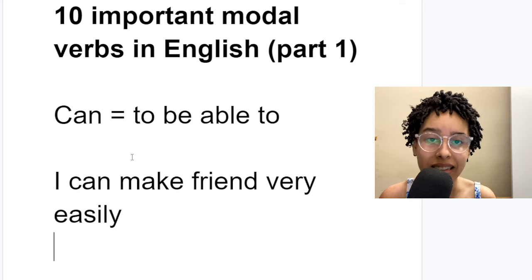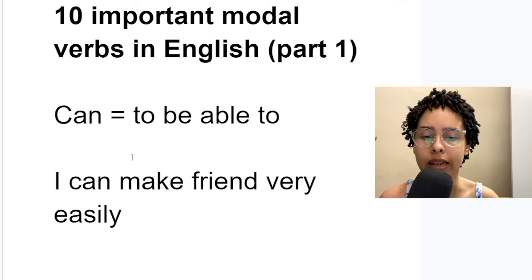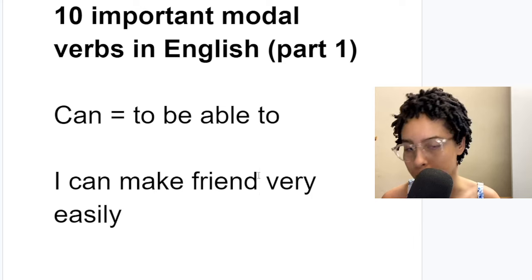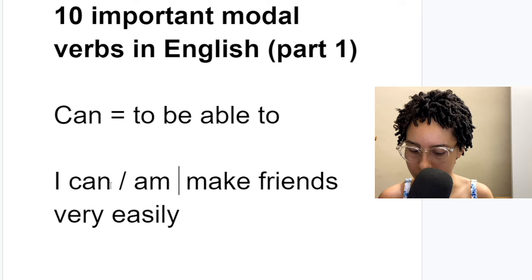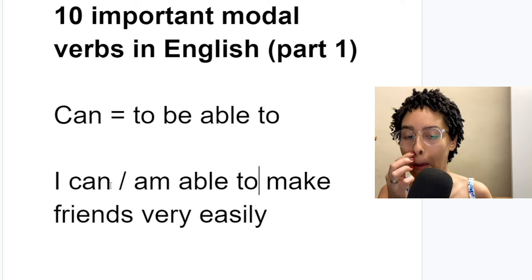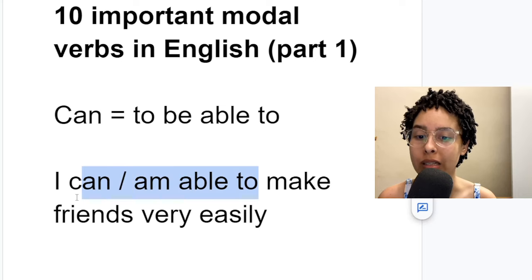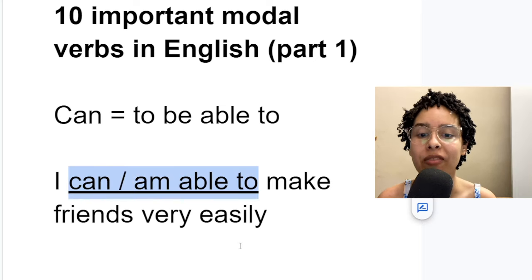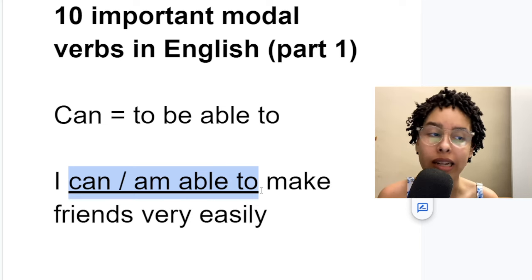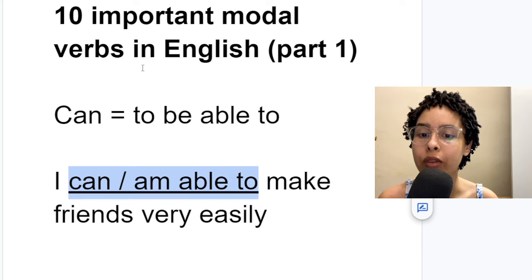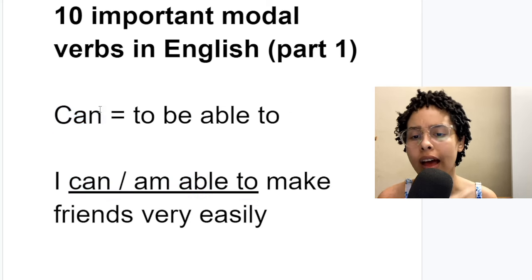It means exactly the same thing as I am able to make friends very easily. I can or I am able to means exactly the same. So I can make friends very easily means that I have this capacity, this ability to make friends really easily. Okay, so that's the verb can.